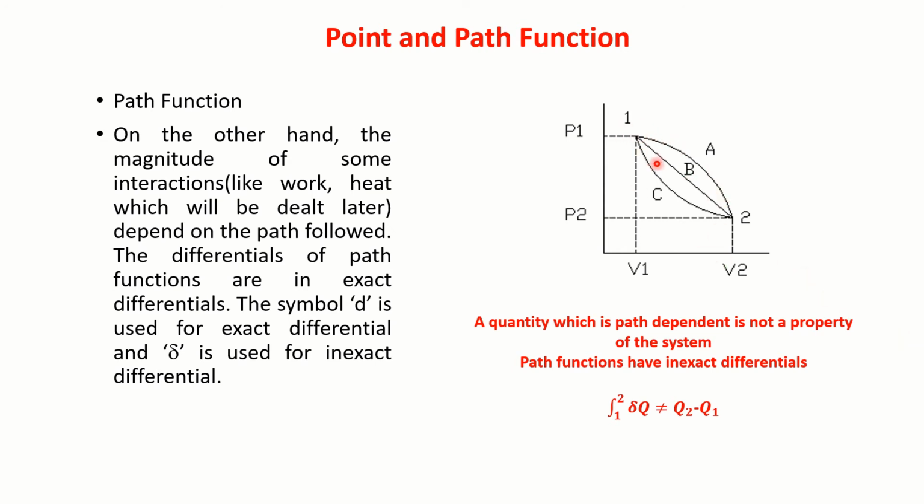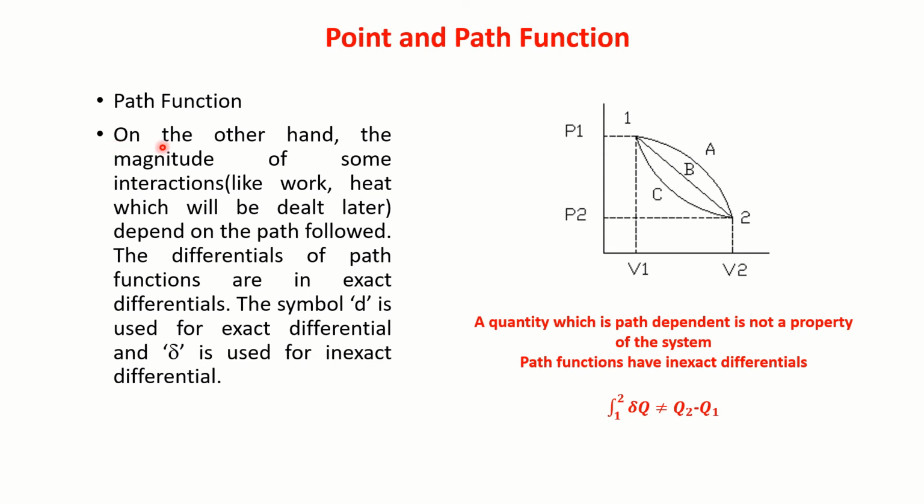Similarly, I can draw with different coordinates and find the heat. Again, heat depends on the path the system follows. So heat is also a path function, and since it is a path function, heat is also not a property of the system. So work and heat are path functions and they are not properties of the system.